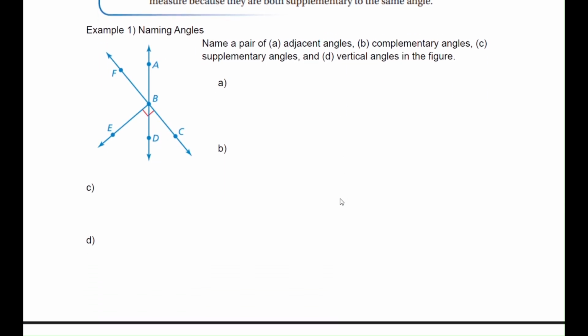Alright, let's look at some angles. We're looking at this diagram, and there's a bunch of things going on, so there are multiple right answers for most of these. For the first one, it says, name a pair of adjacent angles. Let's say I have angle ABC, which I'll highlight. Now I want to find an adjacent angle to it.